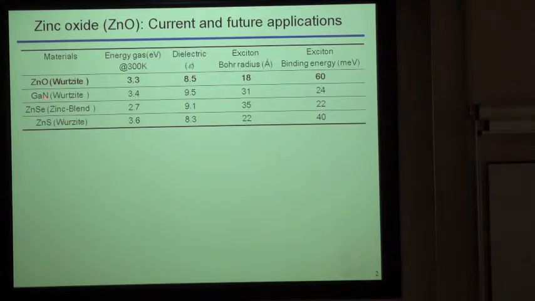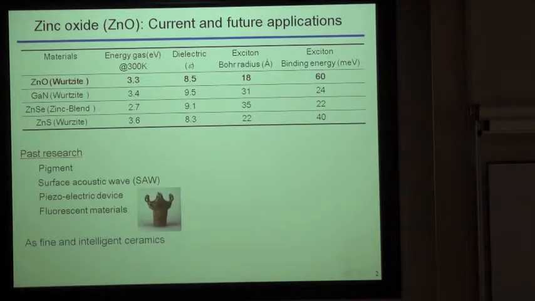For example, it has a relatively small dielectric constant and a very small exciton Bohr radius. And it must be noted that the exciton binding energy is very huge. You can remember that the room temperature thermal vibration energy is 25 milli-electron volts. It's good news for us to operate such excitons related to phenomena at room temperature.